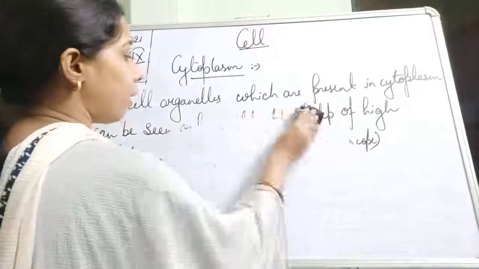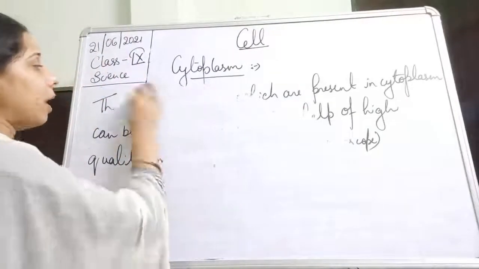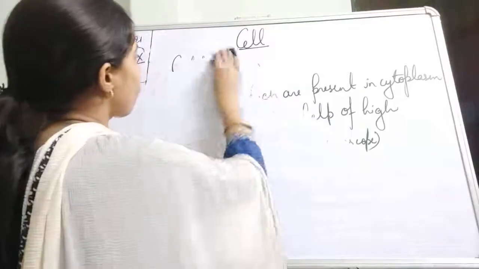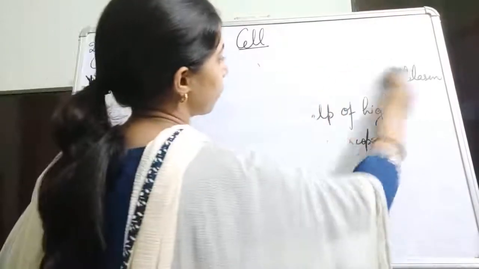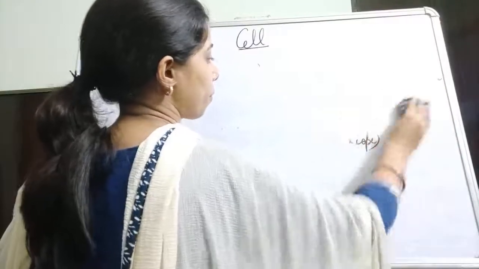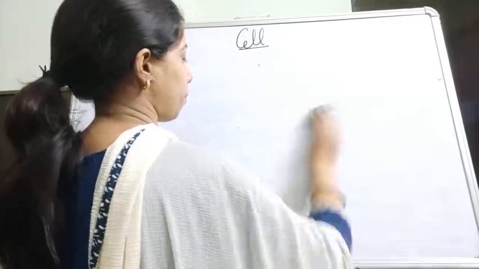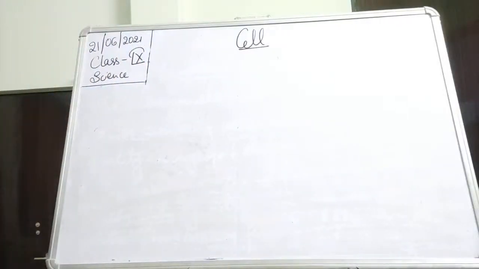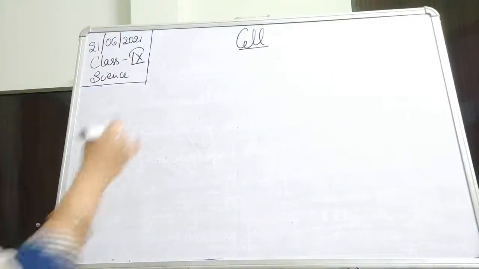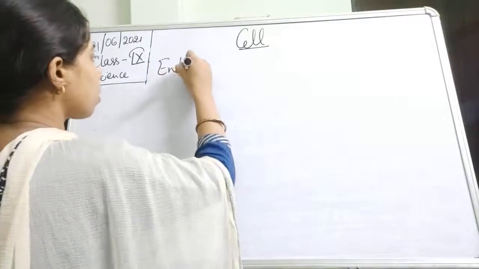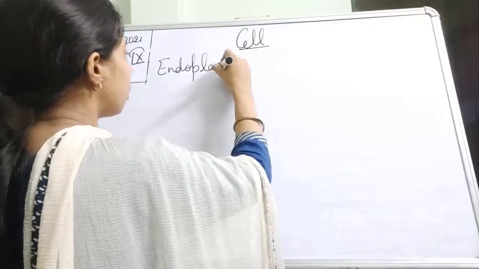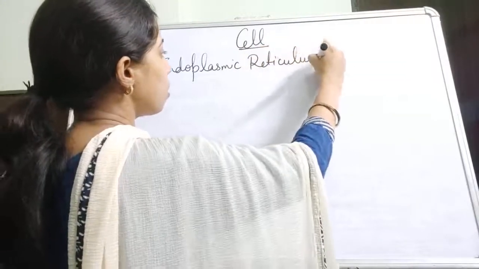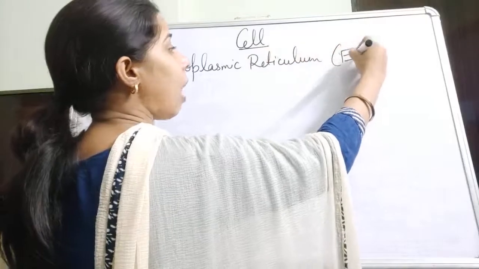In the cell organelles, we will start with the first one, and that is the endoplasmic reticulum, represented by ER.